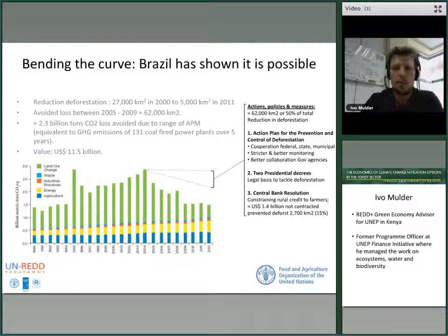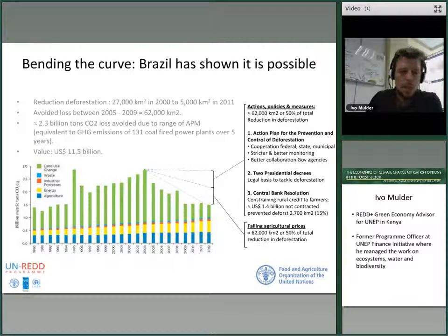There were 2 presidential decrees and also crucially a central bank resolution that was prohibiting the issuance of loans to farmers who do not comply with environmental regulation, which led to reduced availability of credit in rural areas of around 1.4 billion, which was attributed to a decrease in deforestation of around 15%.